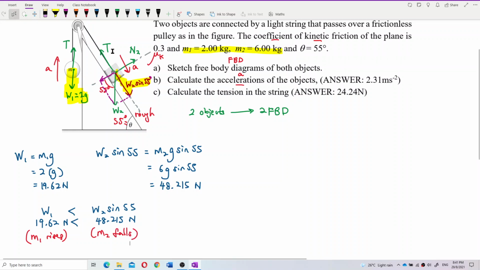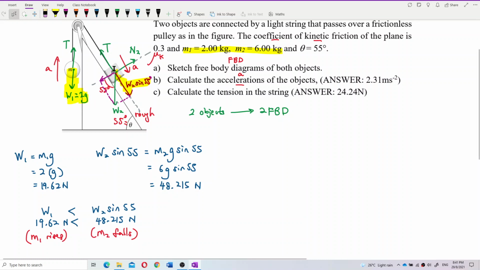It's not the mass 1 that falls. Just now I thought that mass 1 is vertical, so it should fall, and mass 2 is not totally vertical, so it should go up. Wrong. Wrong prediction. We should always compare first.